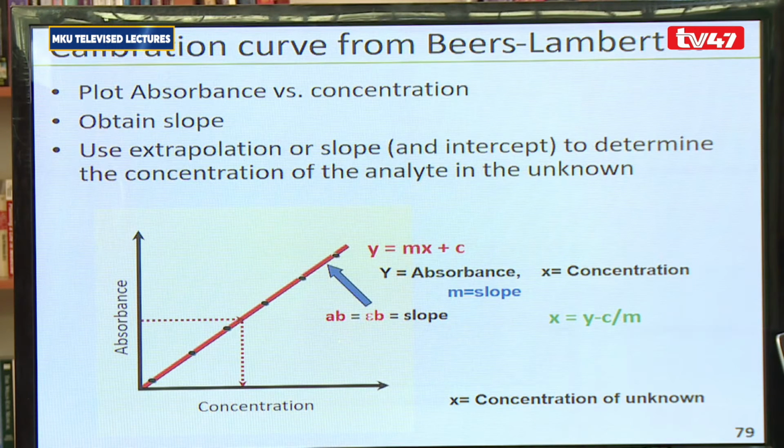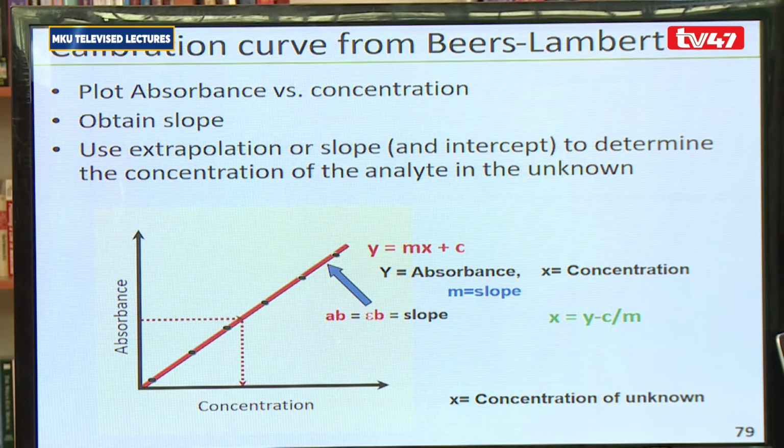Then, once you've already determined the absorbance and the concentration, and you've already prepared the calibration curve, you then measure the absorbance of the unknown sample. Now, if the absorbance of the unknown sample does not lie within the calibration curve, then you need to dilute your sample. If the absorbance of the unknown sample lies within the calibration curve, then we are safe. Then we can use interpolation to determine the concentration of the unknown sample.